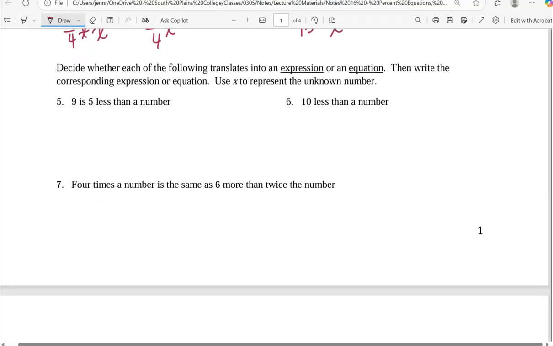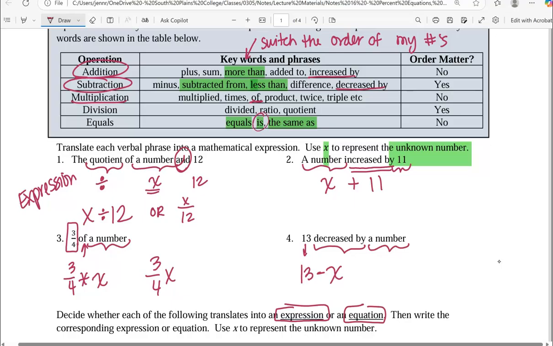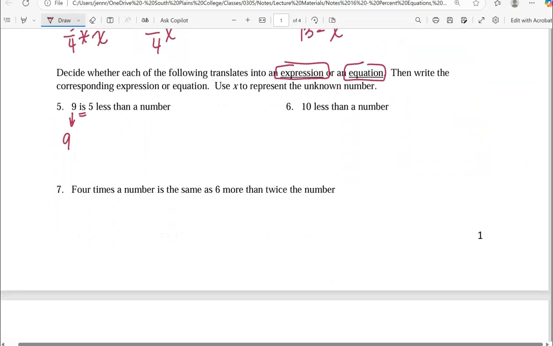This is where we might start including an equal sign. So go ahead and also tell me if it's an expression or an equation when you get done. 9 is. Wherever they say the word is, that's where I'm going to place my equal sign.